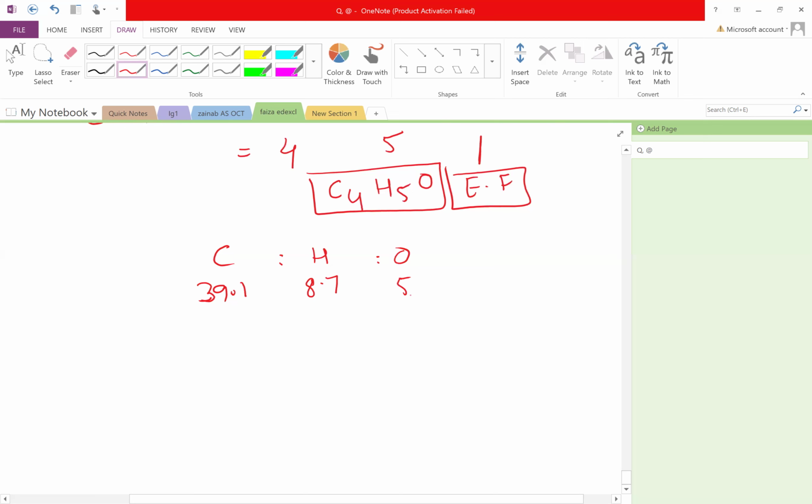Oxygen with the mass of 52.8. Find the empirical formula. Calculate. Let me know.